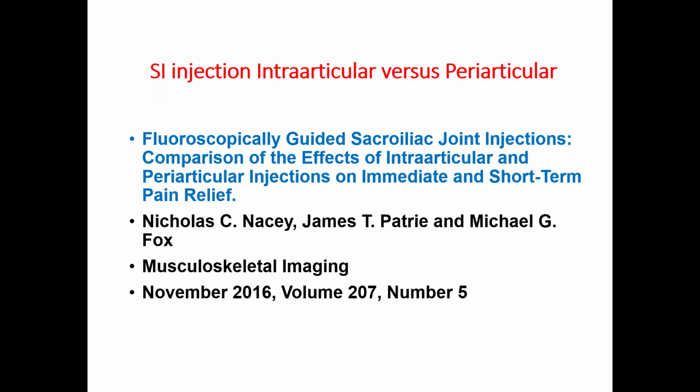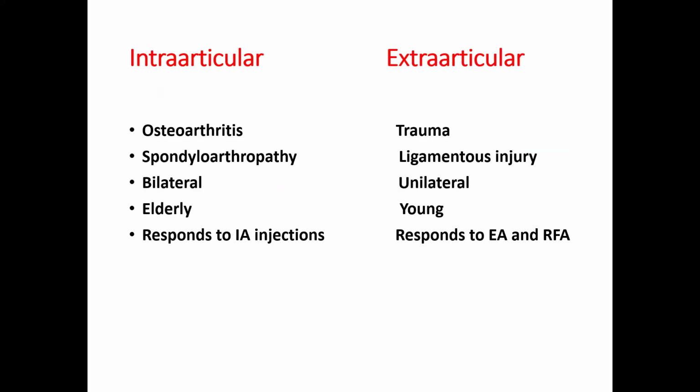Okay, these guys, they have a true osteoarthritis, all right, and it's usually bilateral. But the periarticular is usually done for patients that are young and had trauma, and usually the pain is unilateral. You can make easily the distinction. Sometimes it's difficult, but most of the time you can make the distinction. Interarticular versus extraarticular.